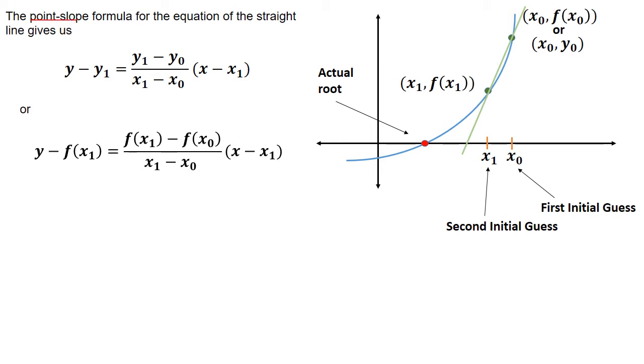So let me delete this one. Students, make it clear that this is not the point slope form. This is basically the formula for the straight line using 2 points, or you can say that this is the 2 point form of the straight line equation.